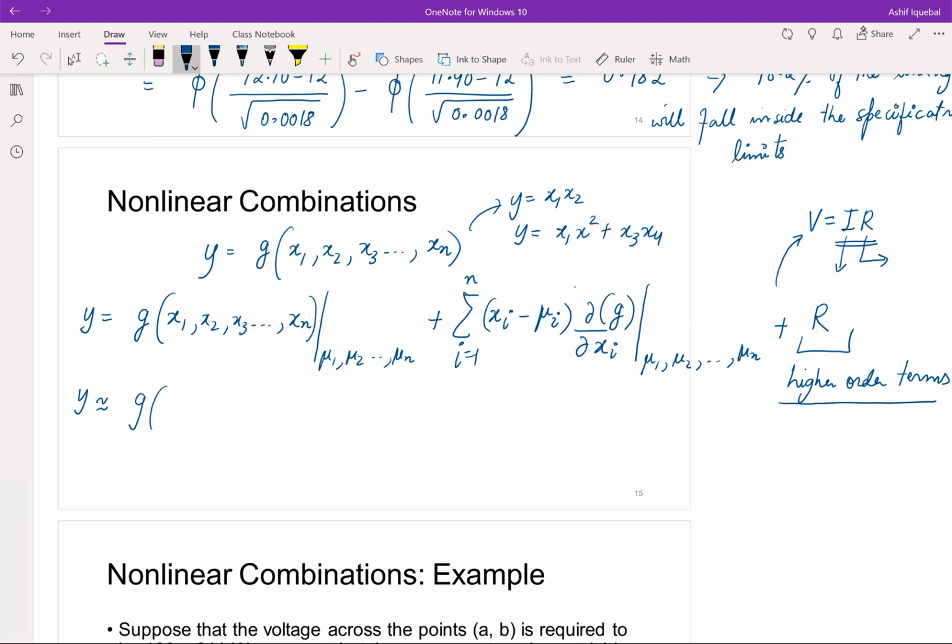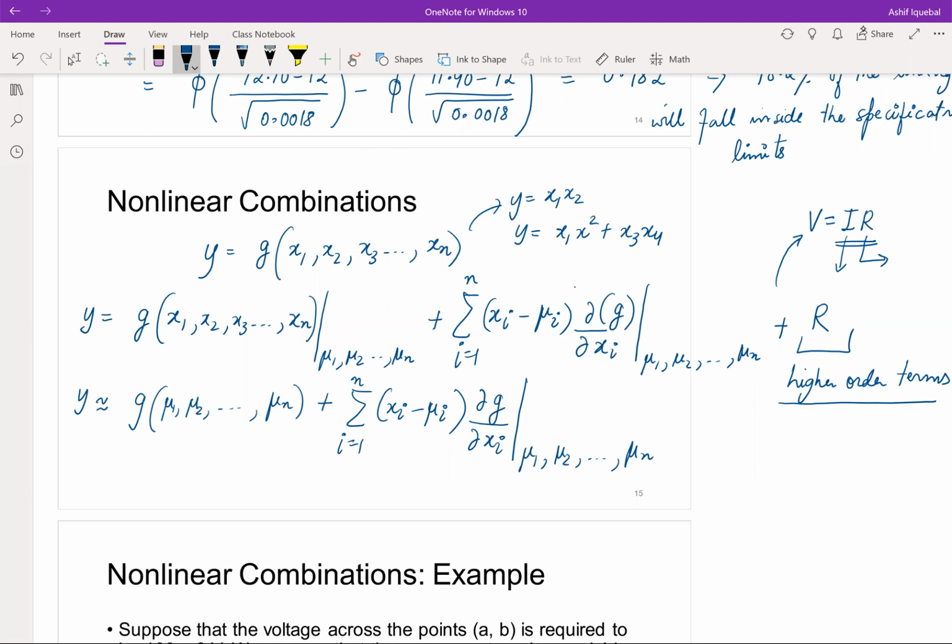So this will be g of mu1, mu2 up to mu n, where I have substituted the value of x1, x2 up to xn, plus the sum from i equals 1 to n of xi minus mu i times the partial derivative of g with respect to xi, evaluated at mu1, mu2 up to mu n.